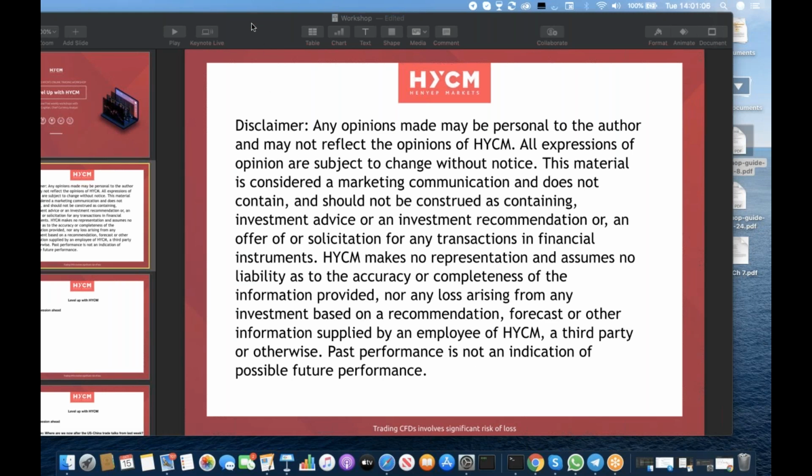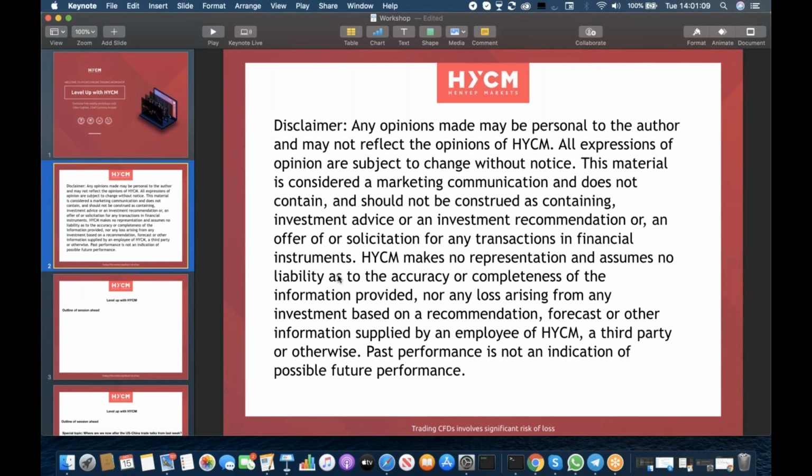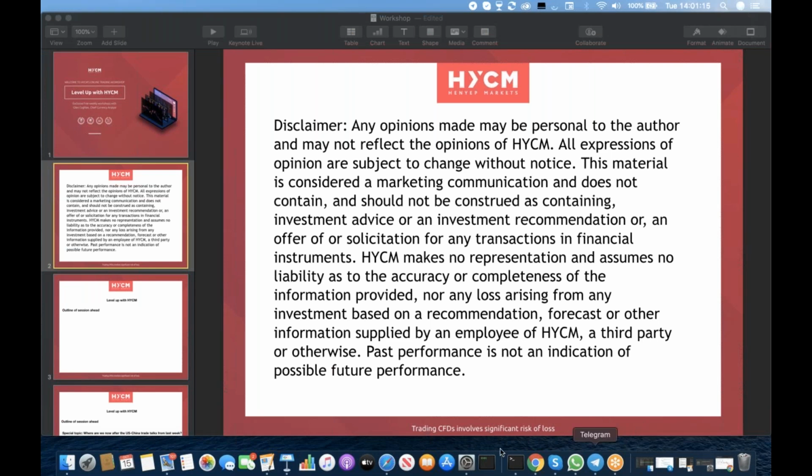That's great. Just quickly making it clear with this disclaimer at the front of the webinar, the whole point of this disclaimer is to say that this is not a signal service. So the idea of the workshop is that you look over my shoulder, you see the kind of thinking processes I'm getting involved in and how I make my decisions, and then you learn from a professional trader how to make your own trading decisions.